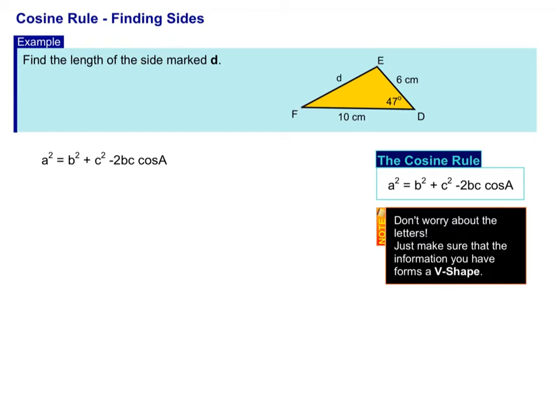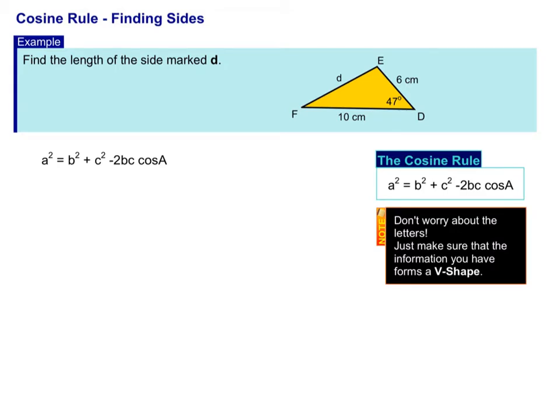I've written down my cosine rule here, and the first thing we need not to worry about is the fact that we're not working with A, B, C, we're working with D, E and F instead. The letters themselves don't matter, they are just labels.